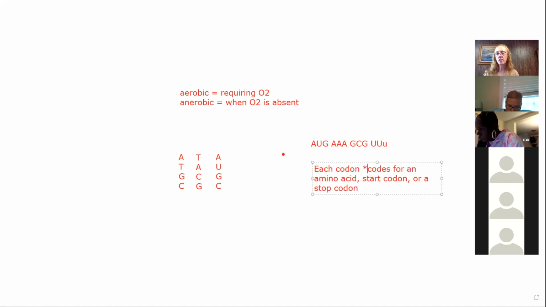And just keep in mind, each codon is three bases. So coding DNA to RNA is a base-to-base pairing code. When we're converting the RNA into protein, each three bases codes for one amino acid.